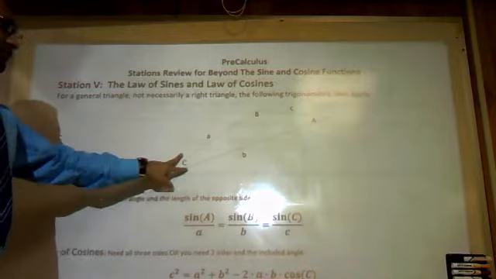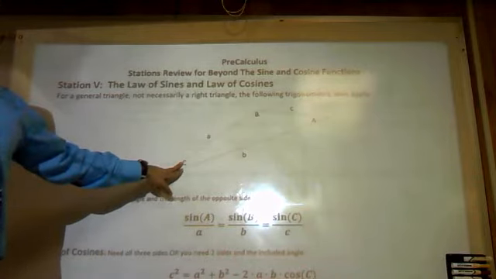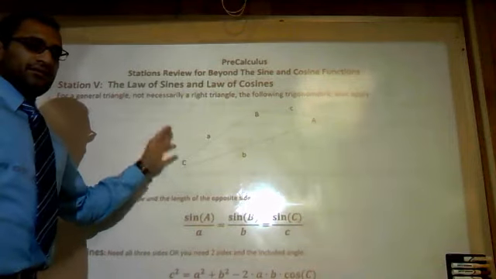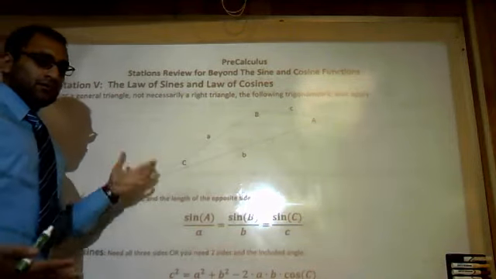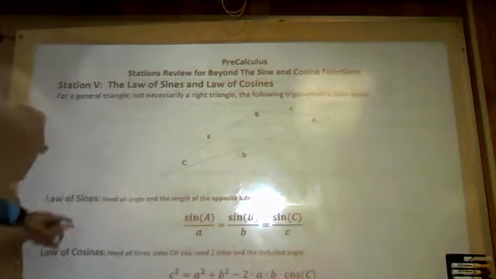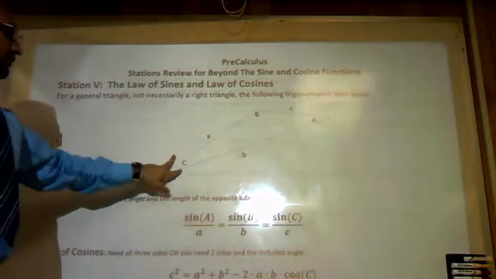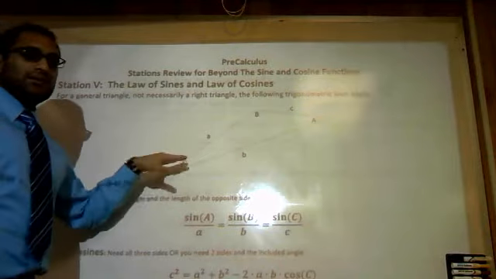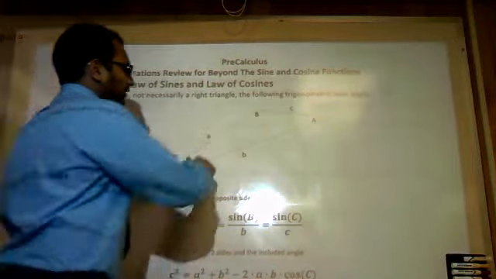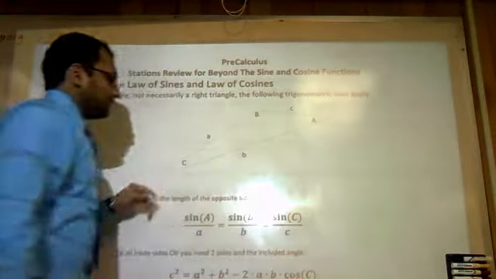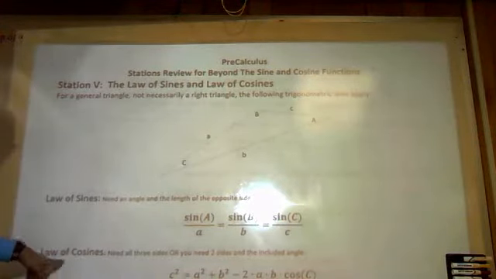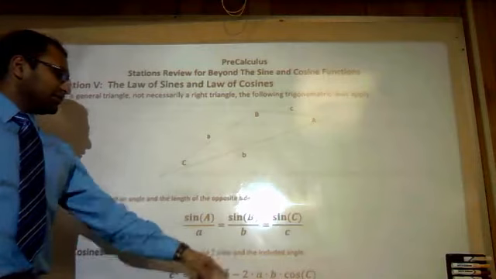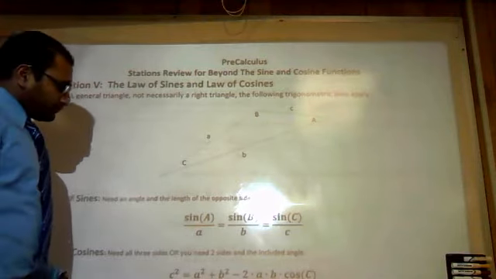It's like the slice of cheese and bread in a sandwich. You have to have both pieces of bread on the outside and a slice of cheese in the middle in order to make a sandwich. So if you have the 2 sides connected by the included angle, or if you have all 3 sides, that is when you can use the law of cosines.